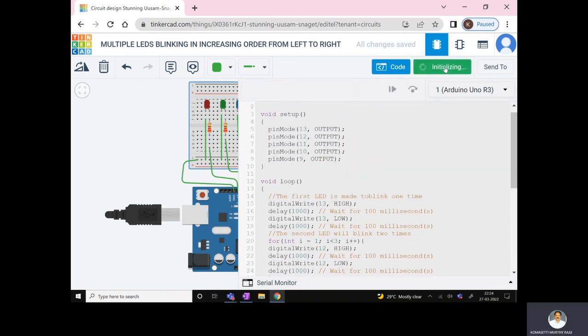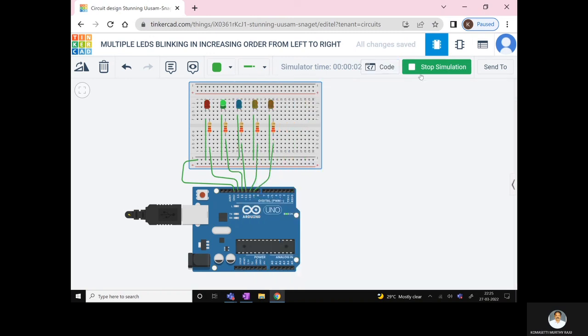Okay, start simulation. Red blinks once, green light 2 times, blue light 3 times, 1, 2, 3. Yellow light blinking 4 times, 1, 2, 3, 4.